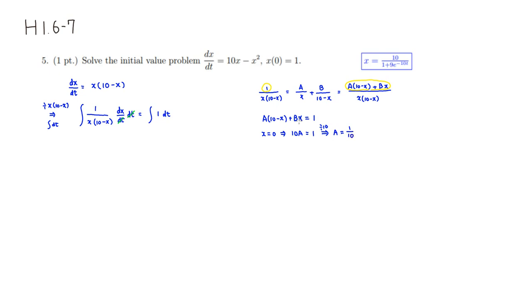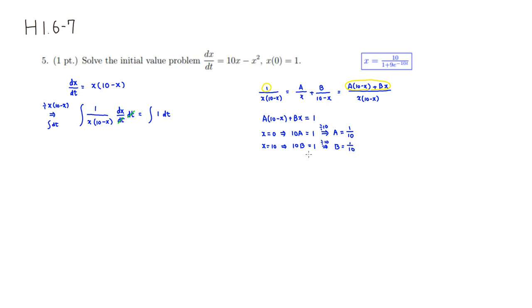And to find b, we can just plug in x equals 10. Then you're going to get 0a plus 10b is equal to 1. Then we divide through by 10 to get b is equal to 1 over 10 as well.